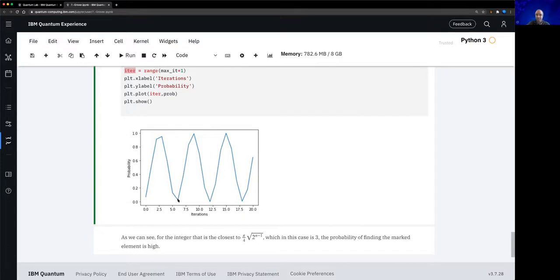And again, if we increase, we go back to a very high probability, but then back to 0. This is why I was telling you that it is very important to determine the number of iterations that you need, because if you do too many, you can end up with a probability very close to 0 of finding the marked element.